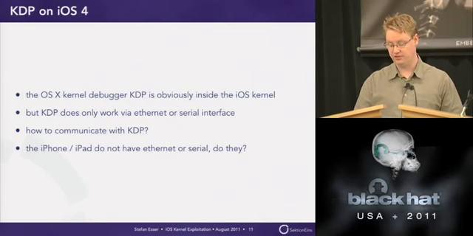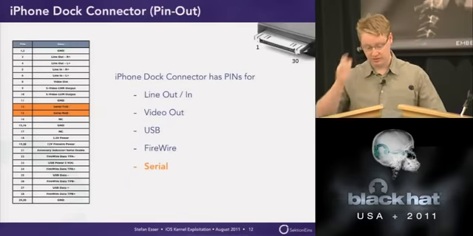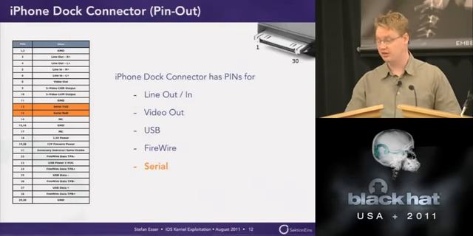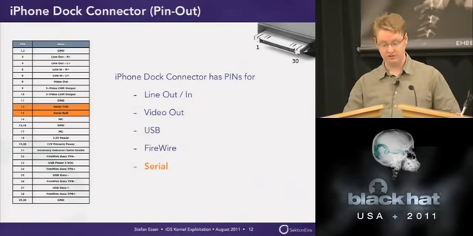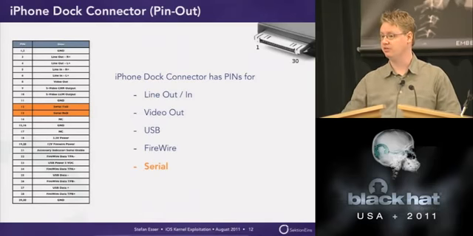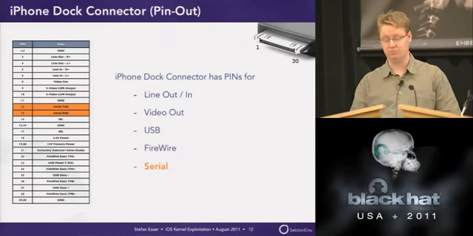The idea is actually very simple. When you look at an iPhone dock connector and see the pinout, you will see that there are two very interesting pins called serial RX and TX. So you can speak serial with the iPhone. But the problem is there's no cable I know of that you can buy that gives you serial directly.